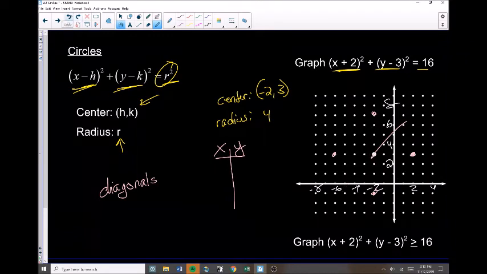If I take the radius and do the radius times 0.7, in this case that's 4 times 0.7, which is 2.8. If I count out 2.8 diagonals, there's 1, 2, 0.8 would be like here. If I count out 2.8 diagonals in all directions, that gets me 4 more points on the circle.